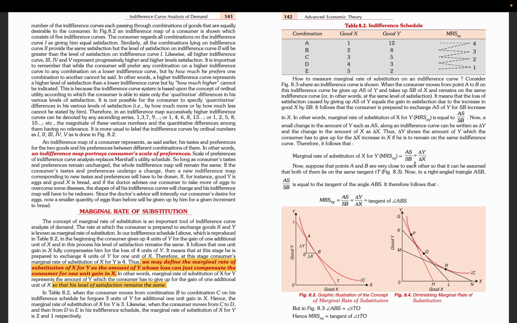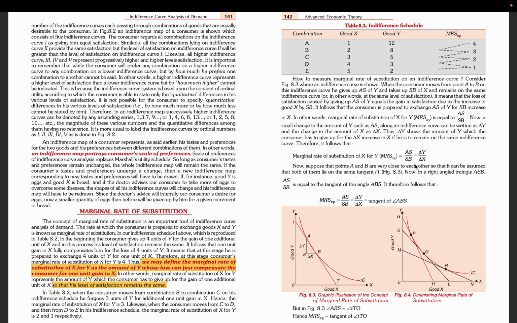It means that the loss of satisfaction caused by giving up AS of Y is equal to the gain in satisfaction due to the increase in good X by SB. It follows that the consumer is prepared to exchange AS of Y for SB increase in X. In other words, MRS XY is equal to AS by SB.